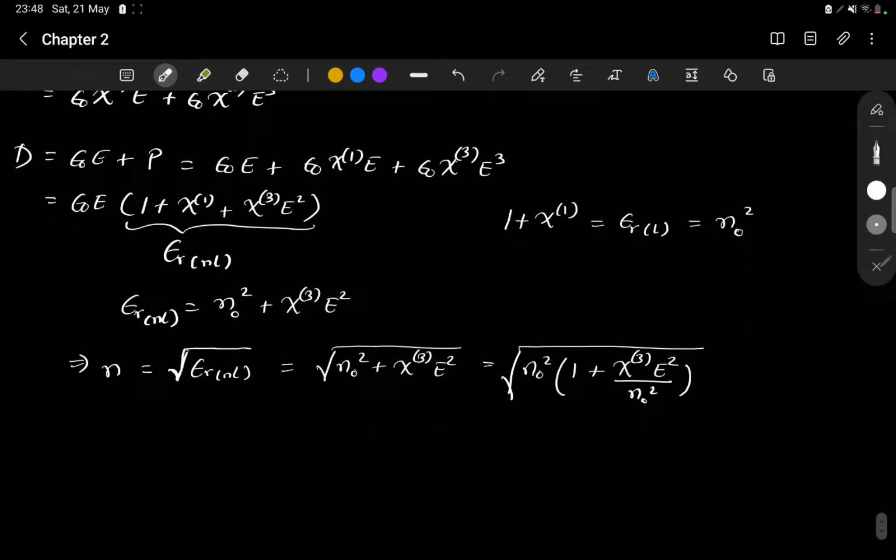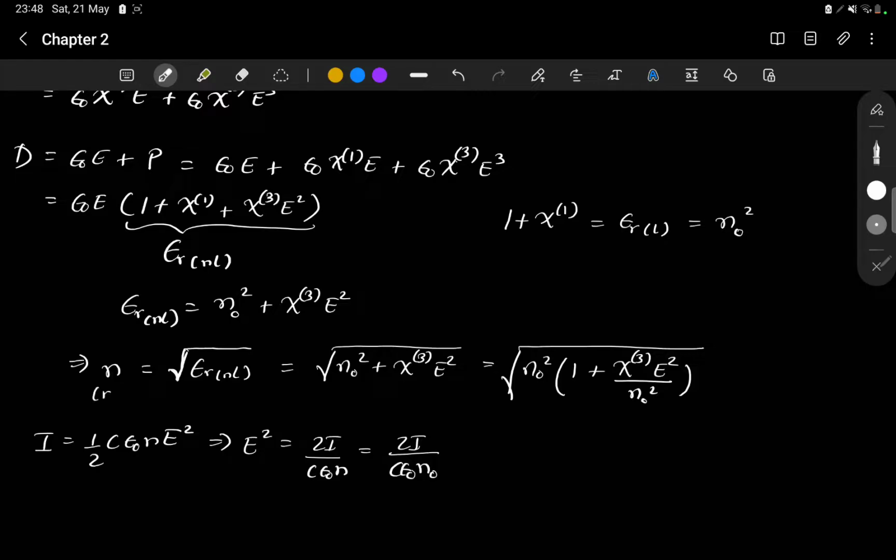Now let us look at the formula for intensity. So intensity is proportional to the magnitude of the electric field squared, and it is given by this expression out here. So from this, if we rearrange, we get electric field squared as follows, and n over here is basically for the linear term.